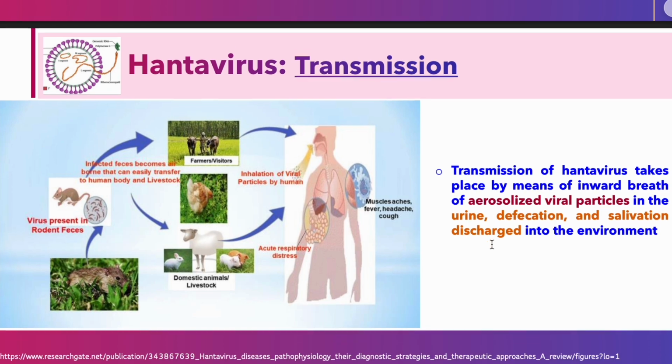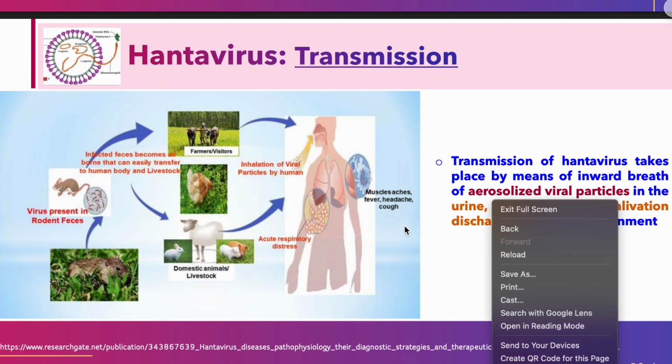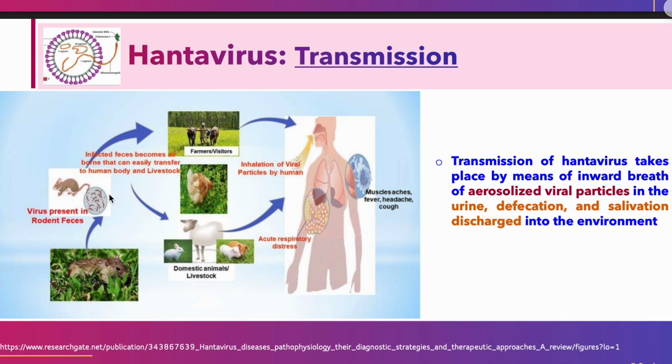For transmission, it begins with rodents such as mice. So you can assume that hantavirus outbreaks occur in cities with a lot of rodents, like mice.